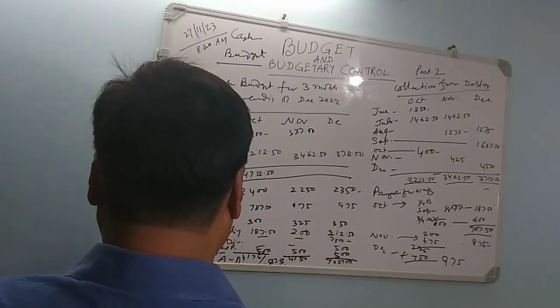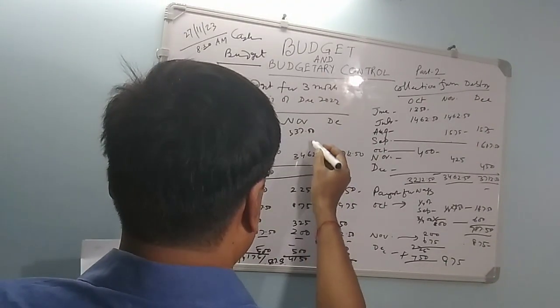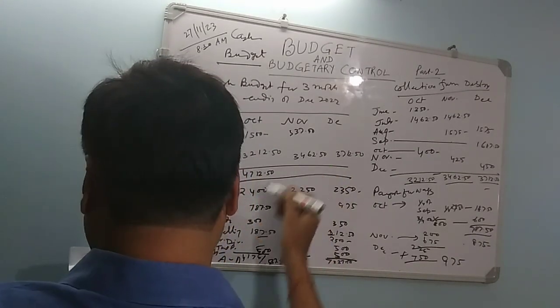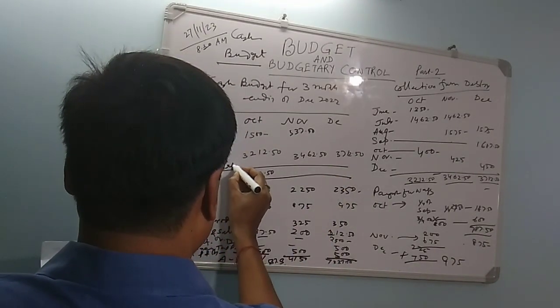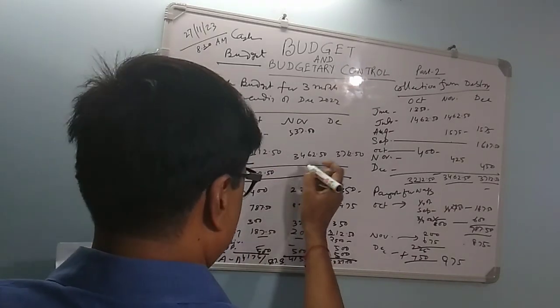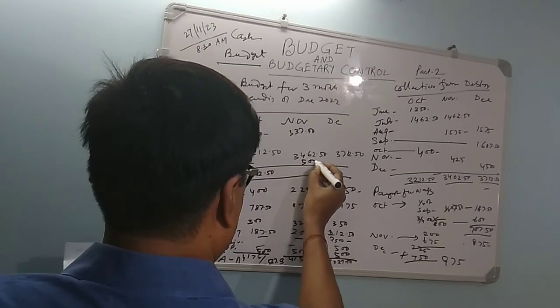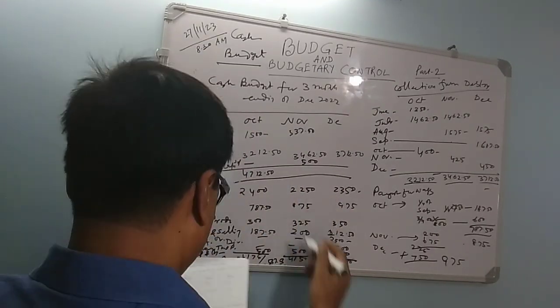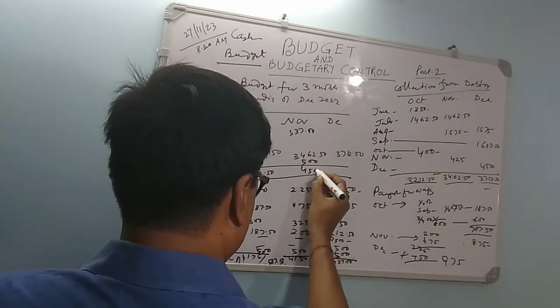This will total 537.50, 3462, and another capital receipt we had left, the sale of shares, 500. So the money you are receiving from shares is 500. So this will be 4500.